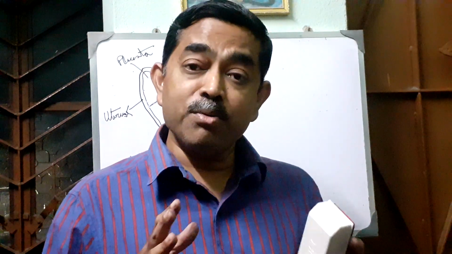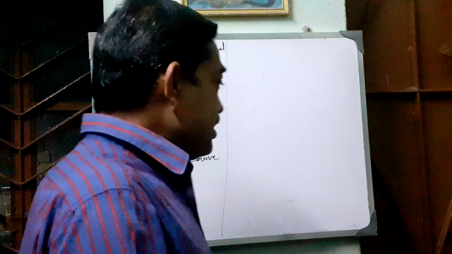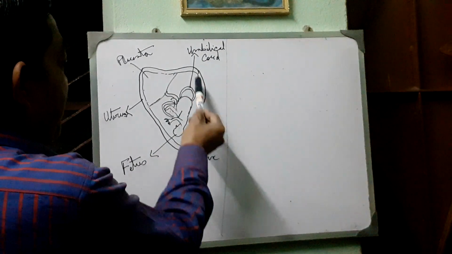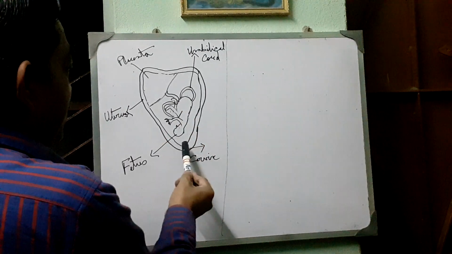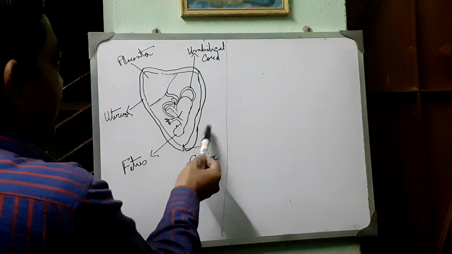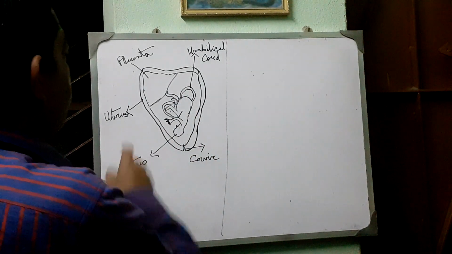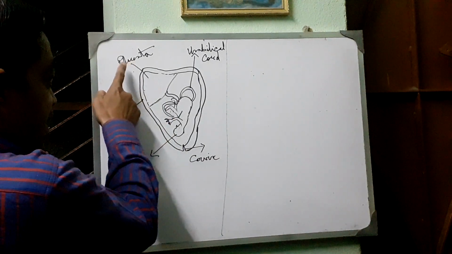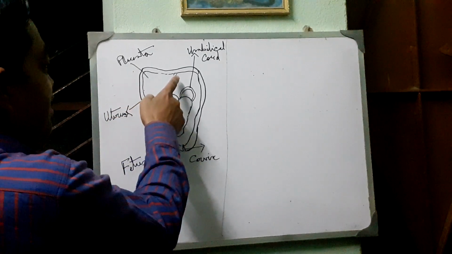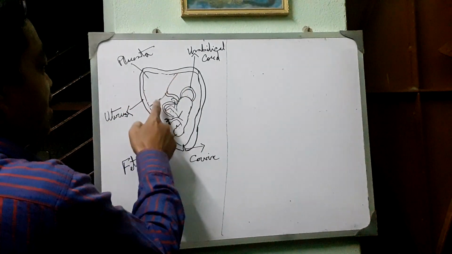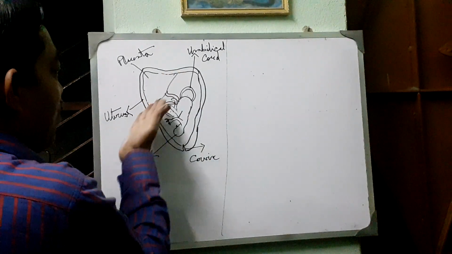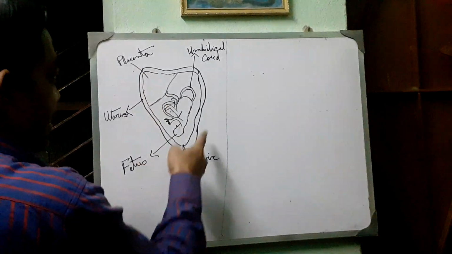So what is the risk? During pregnancy, for the development of the fetus, meaning the new baby growing there, there is an organ called the placenta. This is developed during the pregnancy across the wall of the uterus.